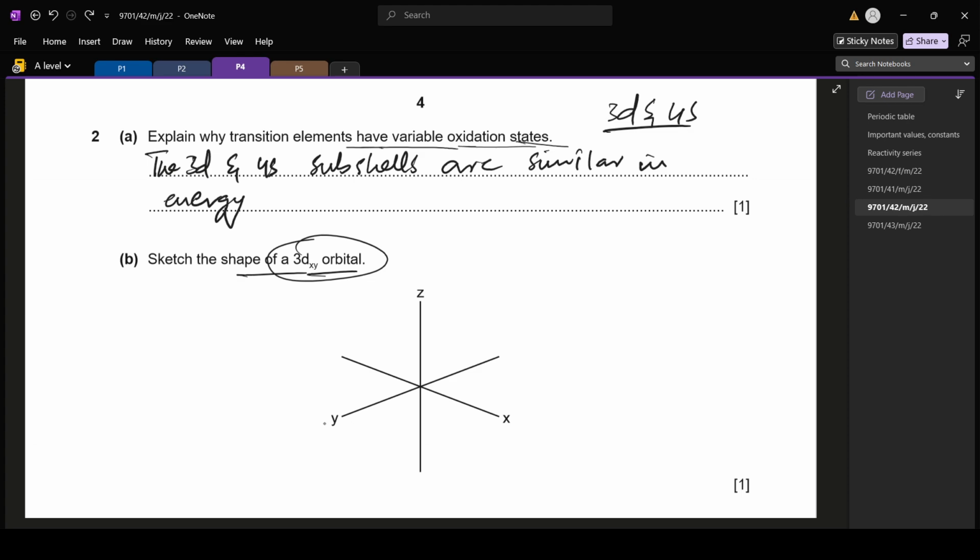So this is your y axis and this is your x axis, so the orbital will be like this and then like this. So this is your orbital between the x and y axes.